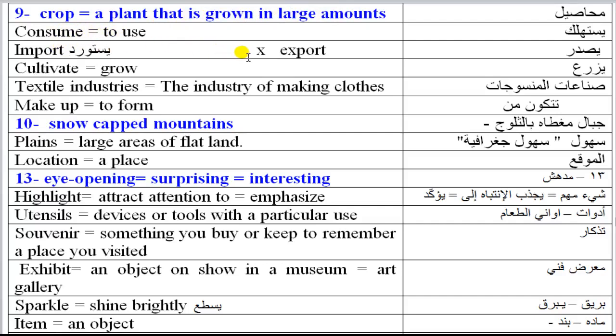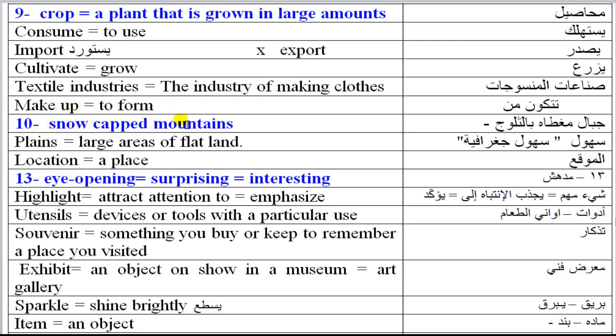Import, export. Cultivate, grow. Textile industries, the industry of making clothes. And here, instead of "the", because I have a vowel, I read it "the industry". The vowel I, we read it "the industry of making clothes". Makeup, to form.